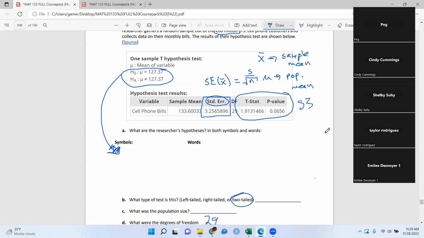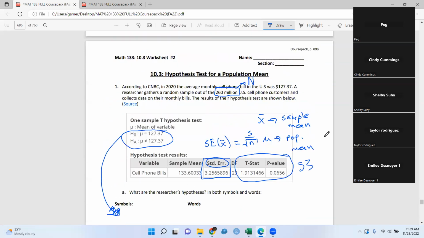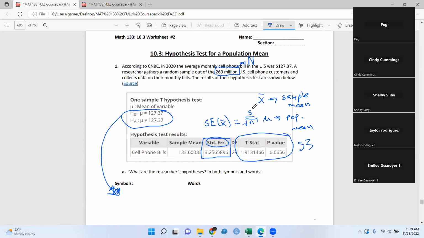I was trying to do it and I was like, where's the standard deviation? It's not given. You could calculate it from here, and then you could type that in with your 127.37, and StatCrunch will spit this out again, or something really, really close, depending upon what you round your sample standard deviation to.